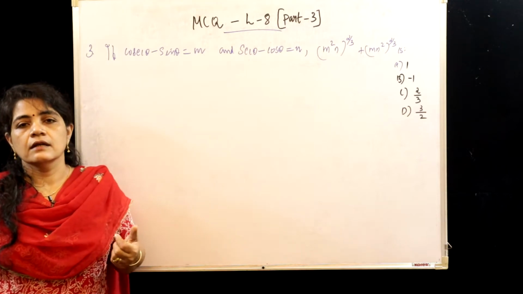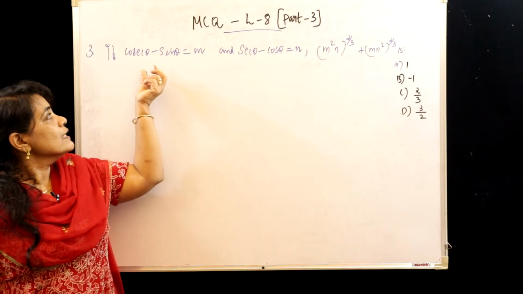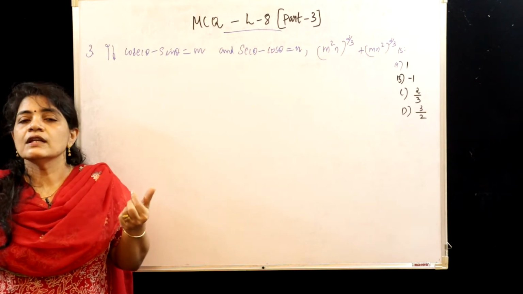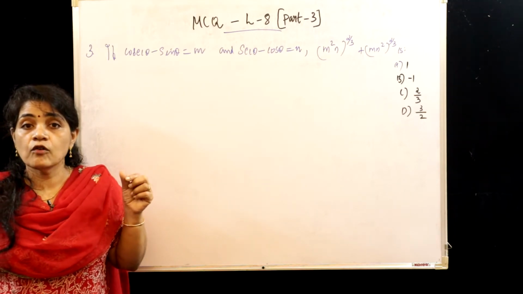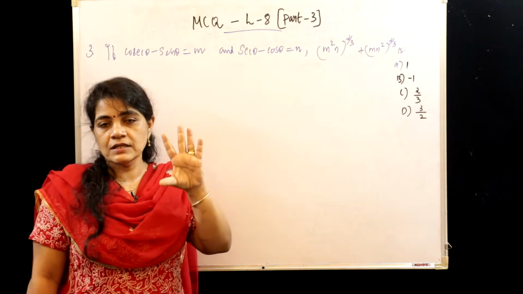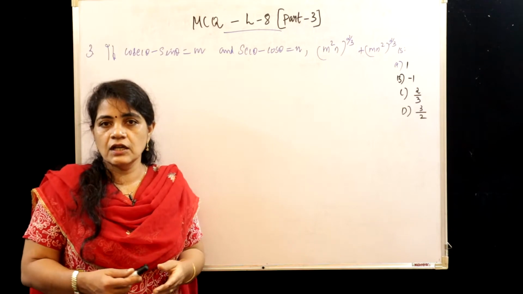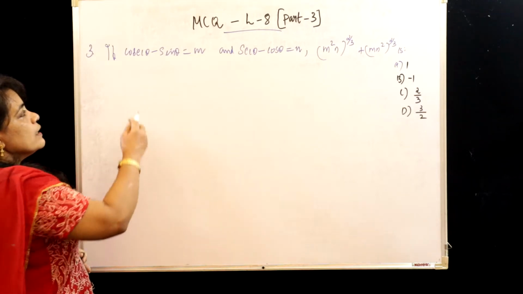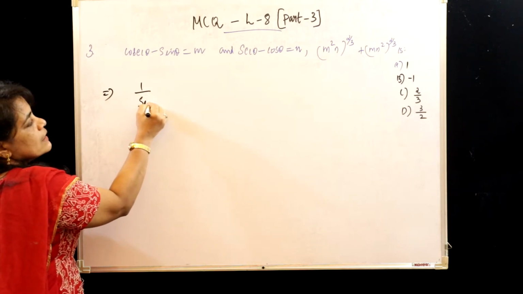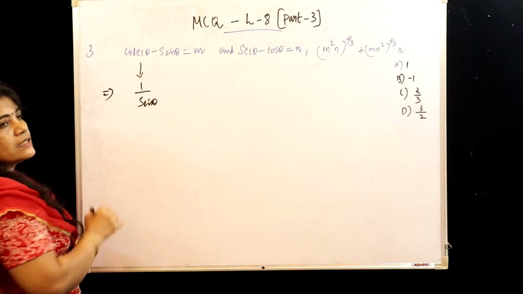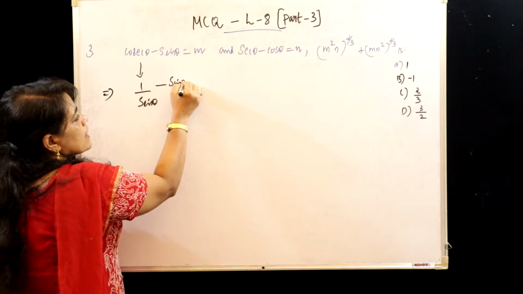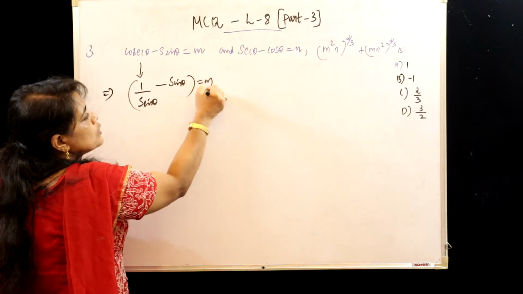So that you can easily calculate that expression. Let us see, children. So what is m? You see that, children, in terms of cosec and sine, we know the relation. That means instead of cosec theta, you can write 1 by sin theta, keeping sin theta without any change. From here you can write 1 by sin theta instead of cosec theta, and no change in the second term sin theta, and this is equal to m.